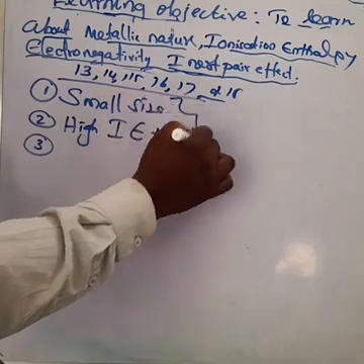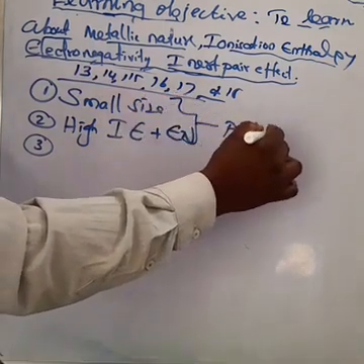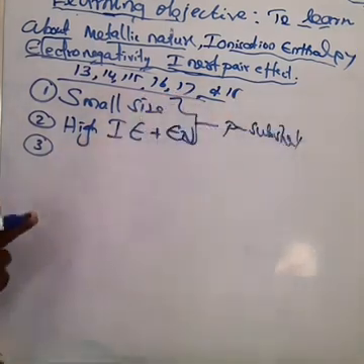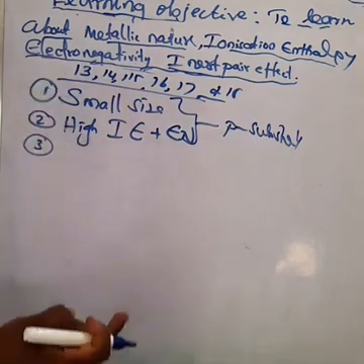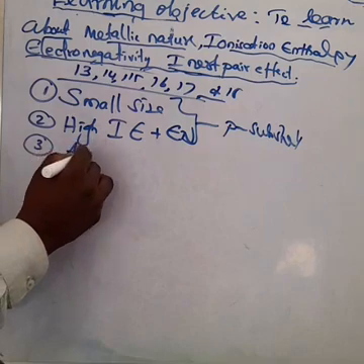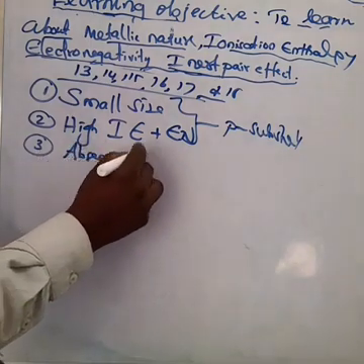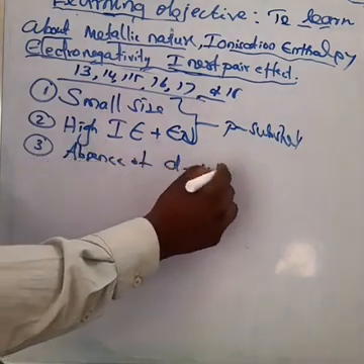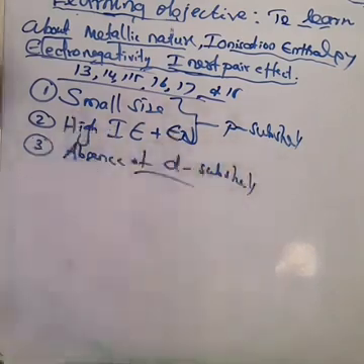Am I right? What is the electronic configuration? ns2 np1 to 6. They have no d subshell. So there is an absence of d orbitals in the valence shell for the first member of groups 13 to 18.